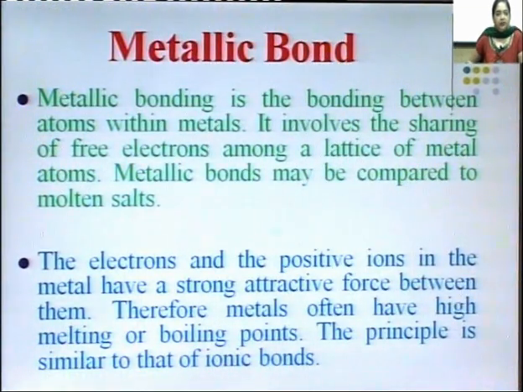Metallic bond. Metallic bonding is the bonding between atoms within the metals. It involves the sharing of free electrons among a lattice of metal atoms. Metallic bonds may be compared to molten salts. The electrons and positive ions in the metal have a strong attractive force between them.